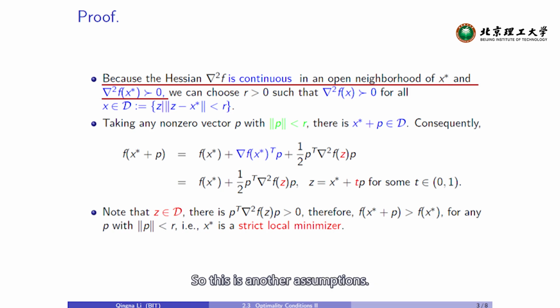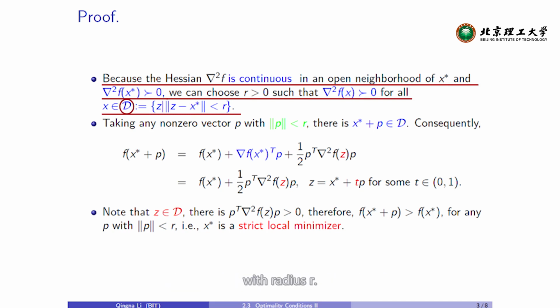So this is another assumption. With the two assumptions here, we can move this X star a little bit in its neighborhood. We define this neighborhood as capital D, with radius R. So within this neighborhood, we still have that the Hessian matrix of F to be positive definite.